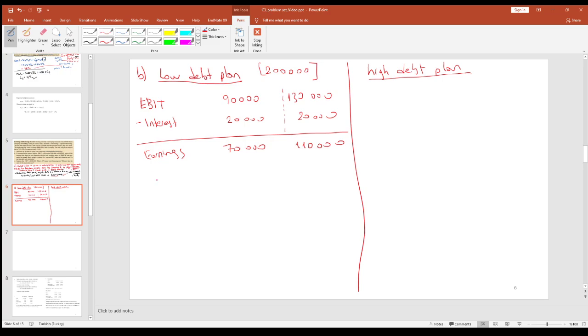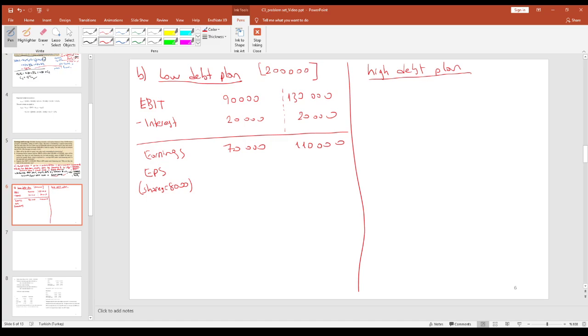So let's calculate earning per share. In both cases, you will divide this by the number of shares. Remember, in this case, since you bought back 2,000 shares, the number of shares left was 8,000 shares. Let me write here shares equals 8,000.